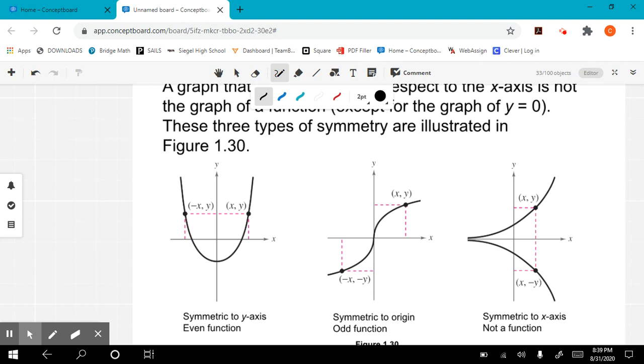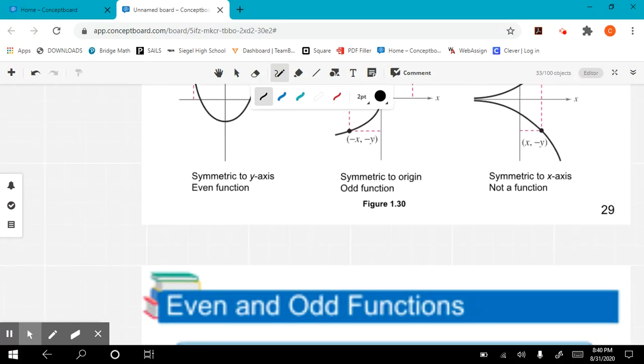It can't be an odd or even function if it's not a function. That's why symmetrical to the x-axis does not make it odd or even, because it is not a function, okay? So that makes sense there. So even, odd, not a function. So you should be able to look at a graph and see if it's odd or even.